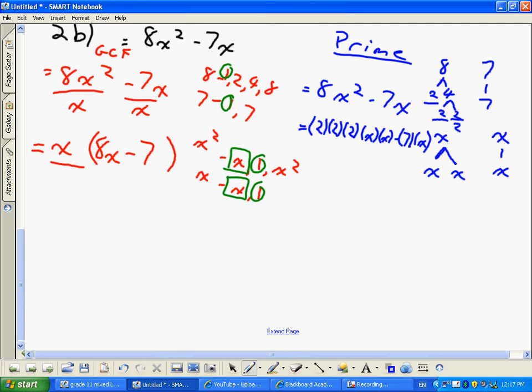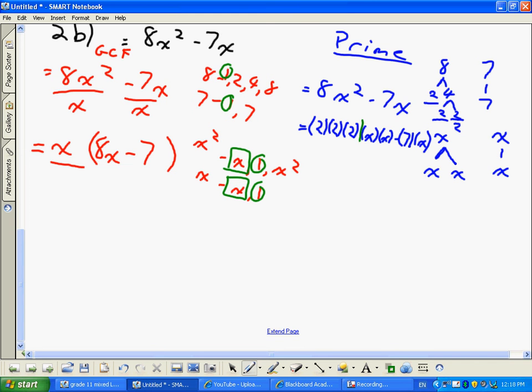Sorry, this is a little crammed, I can tell. Can you guys see this? I know it's a little crammed. So now, take out all the common numbers. If I look at our whole numbers, 2, 2, 2, and a 7 in the other one, none of those are common. So I can't take anything out there. What about here? Can I take something else out?